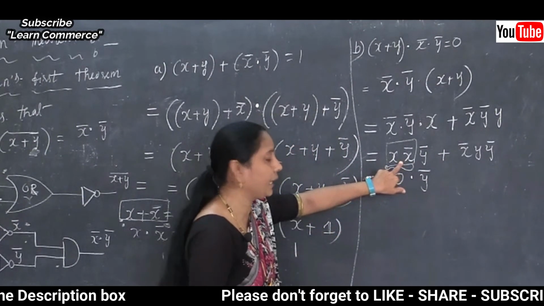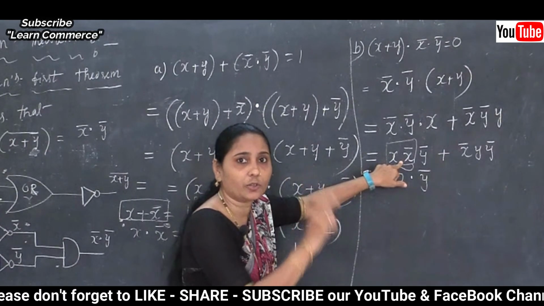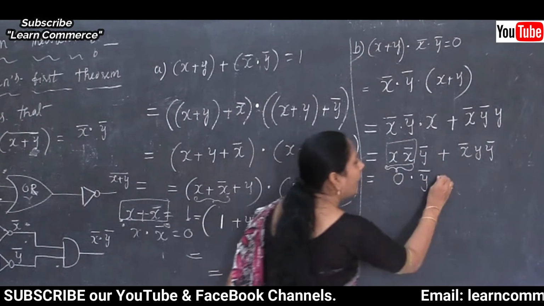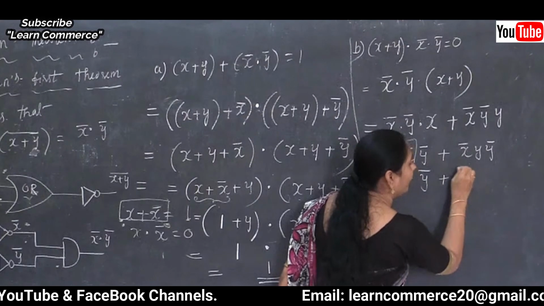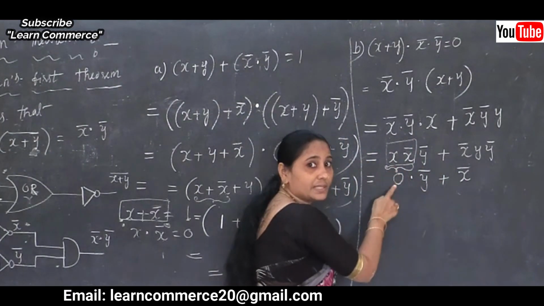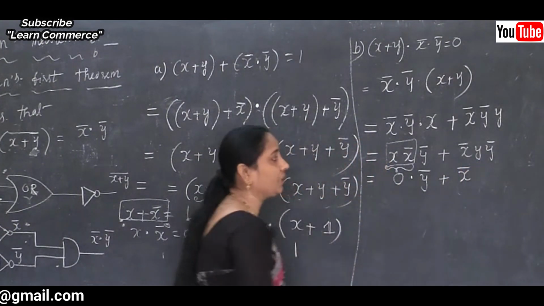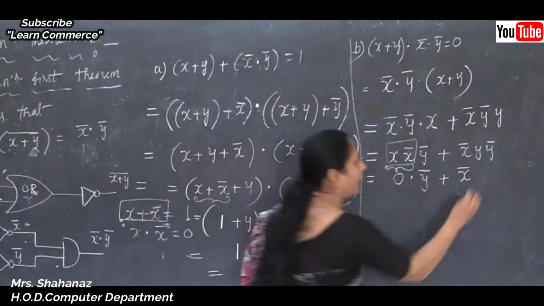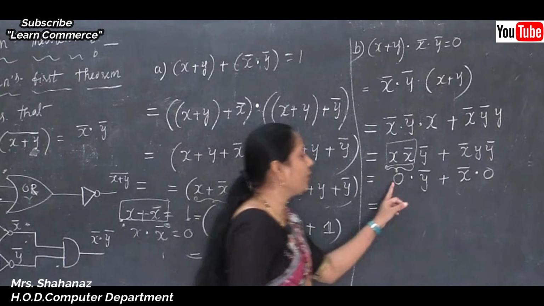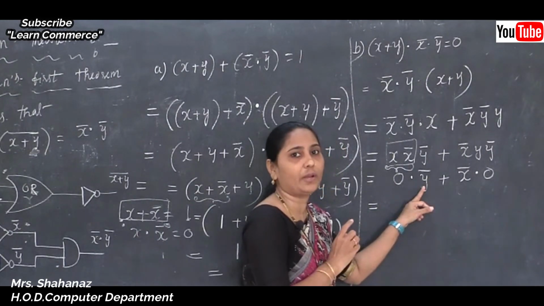By converting, we know the complementarity second law: x and complement of x is equal to 0, and complement of y plus, as it is, complement of x. The same rule applies with the variable changed: y and complement of y, the value is 0 only. And then we multiply; maybe the y value is 0 or maybe the y value is 1.